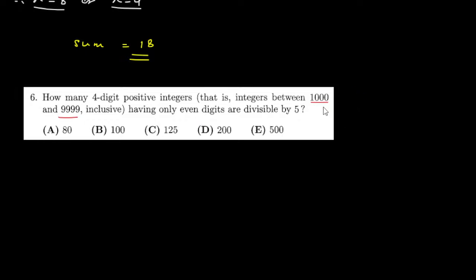So divisible by 5, the first number which is divisible by 5 is what? It is 1000 only.